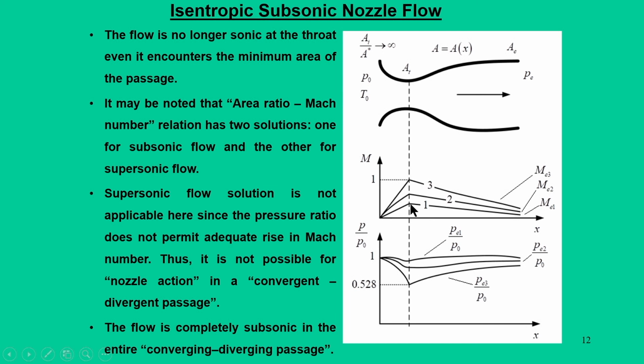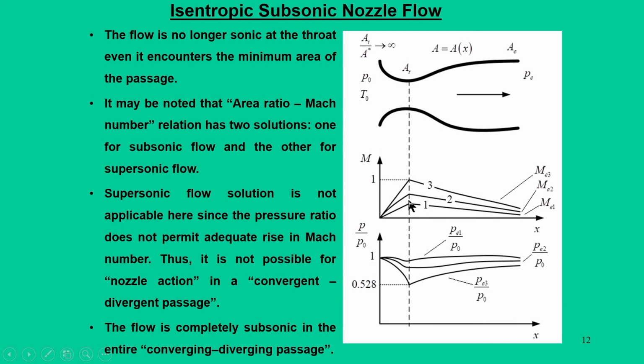When it sees here that it does not have a sufficient pressure ratio, the flow cannot accelerate further, so the Mach number drops. Because it does not see an adequate pressure ratio, the flow Mach number continuously drops in the diverging passage.